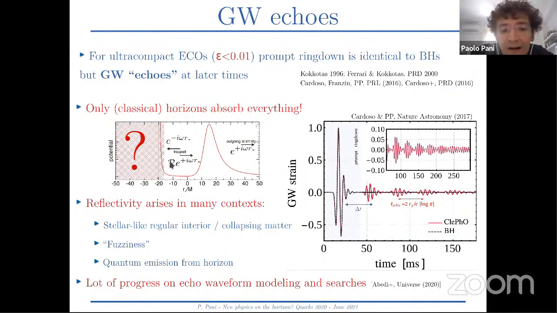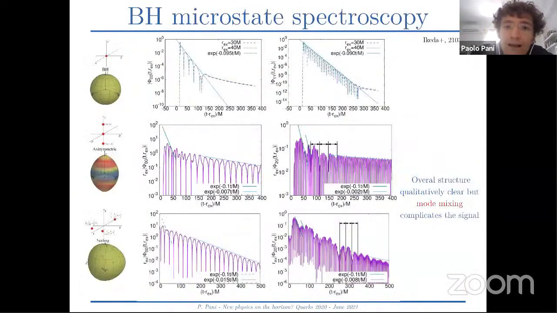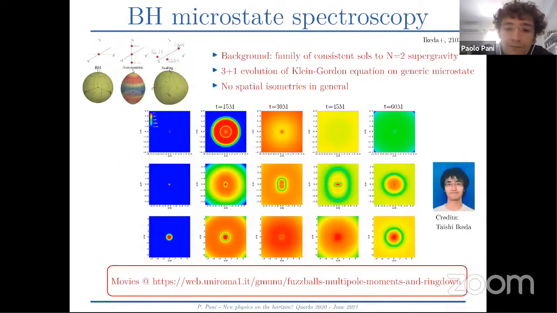For example, this reflectivity R is the parameter that when it's zero recovers the black hole case, and it means that these echoes' amplitude becomes smaller and smaller as R goes to 0, and you really recover the black hole case, also in terms of energy emitted and any observable. And this is for the toy model.